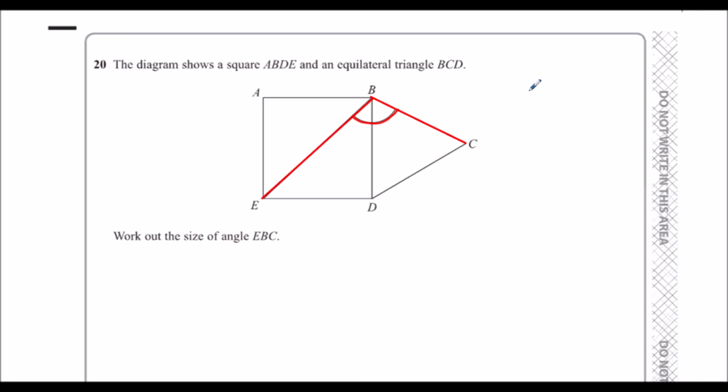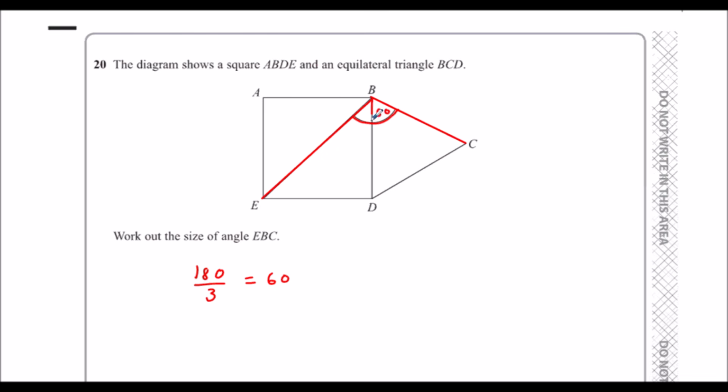The angles in a triangle add up to 180. In an equilateral triangle, we've got 3 equal angles, and 180 over 3 is 60. So we've got 3 angles of 60 degrees in the equilateral triangle.